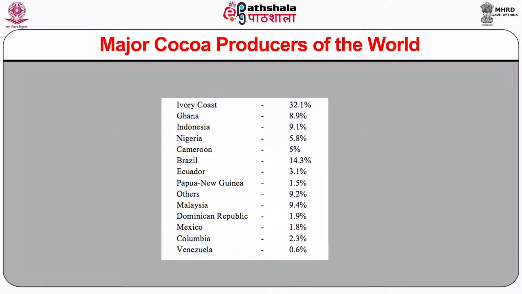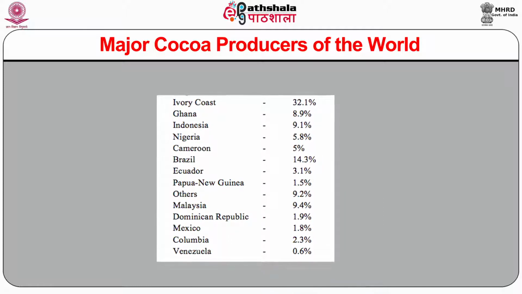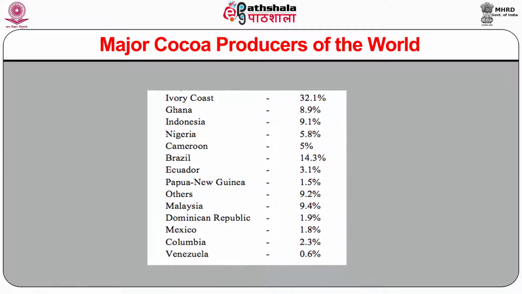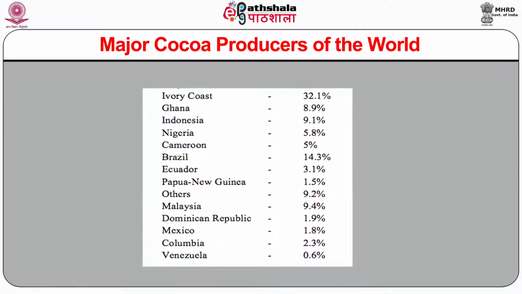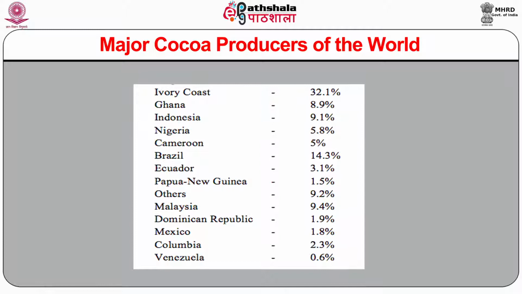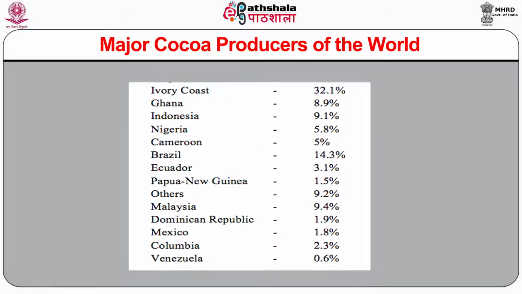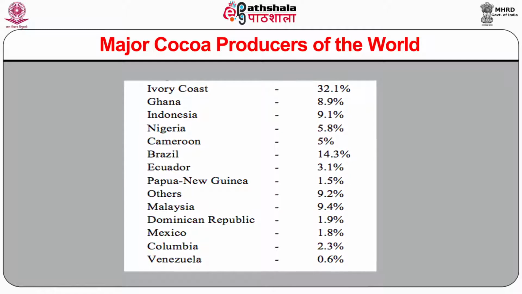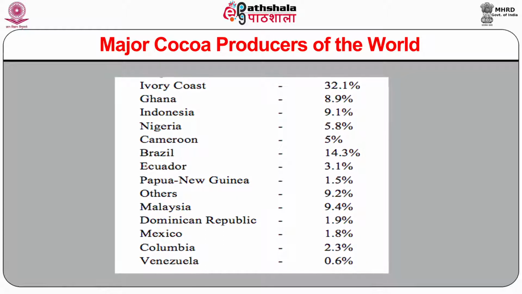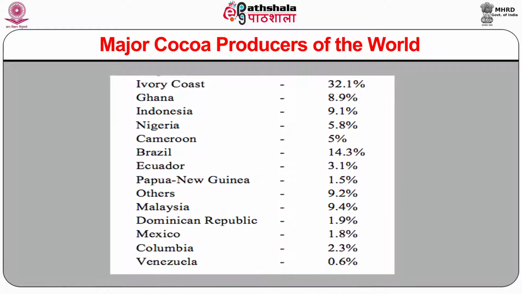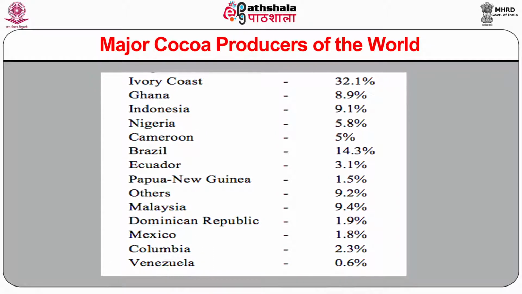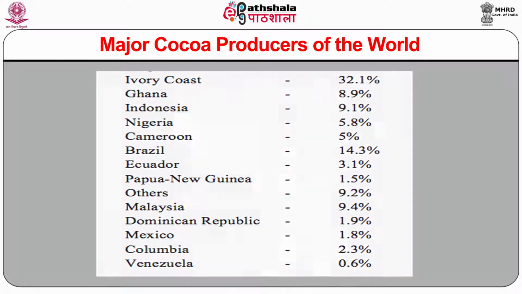Ivory Coast 32.1%, Ghana 8.9%, Indonesia 9.1%, Nigeria 5.8%, Cameroon 5%, Brazil 14.3%, Ecuador 3.1%, Papua New Guinea 1.5%, others 9.2%, Malaysia 9.4%, Dominican Republic 1.9%, Mexico 1.8%, Colombia 2.3%, Venezuela 0.6%.